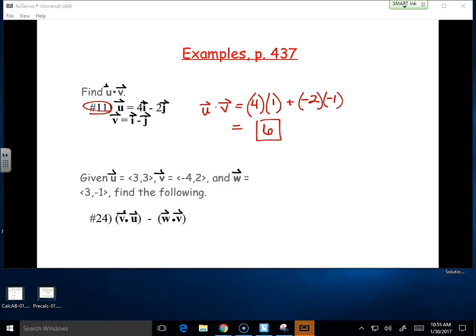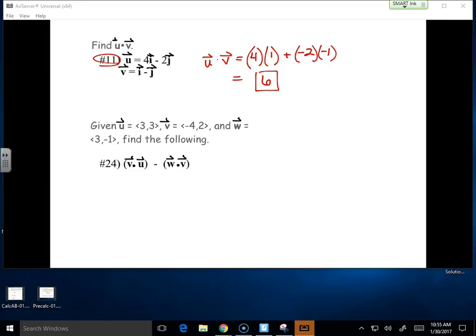So wait a minute, how do we do the one down below? Use your properties carefully. Okay, what do we got? Okay, -4, right?